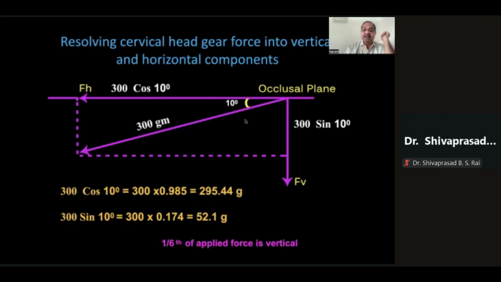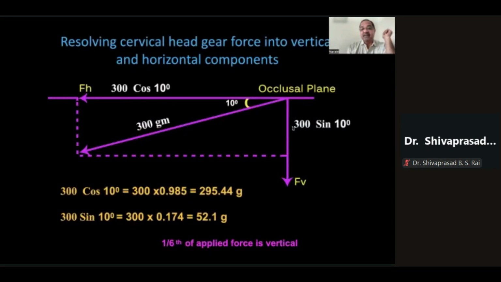You are giving 300 grams of force with your cervical pull headgear. To know the horizontal force, the formula is F cos theta, so it is 300 cos 10 degrees. So about 295 grams of force is developed in the horizontal direction.